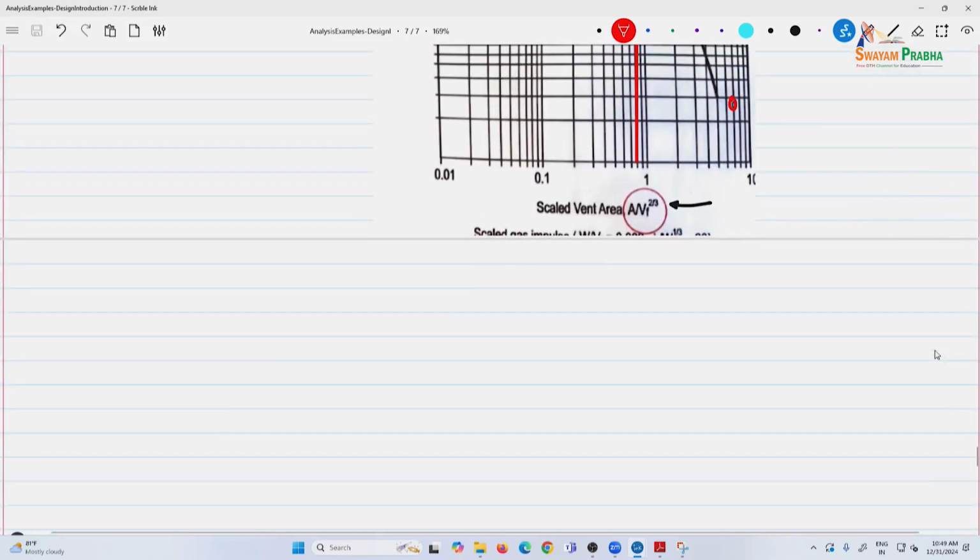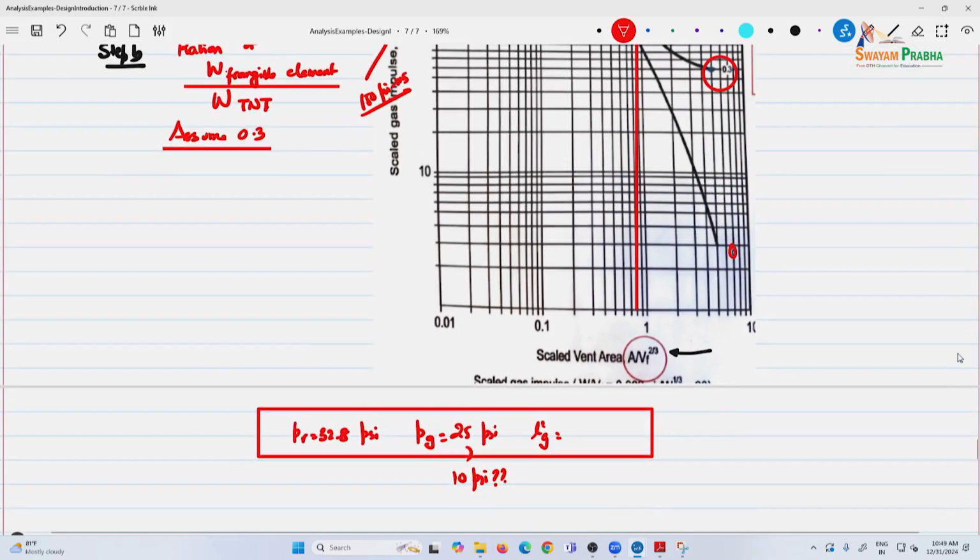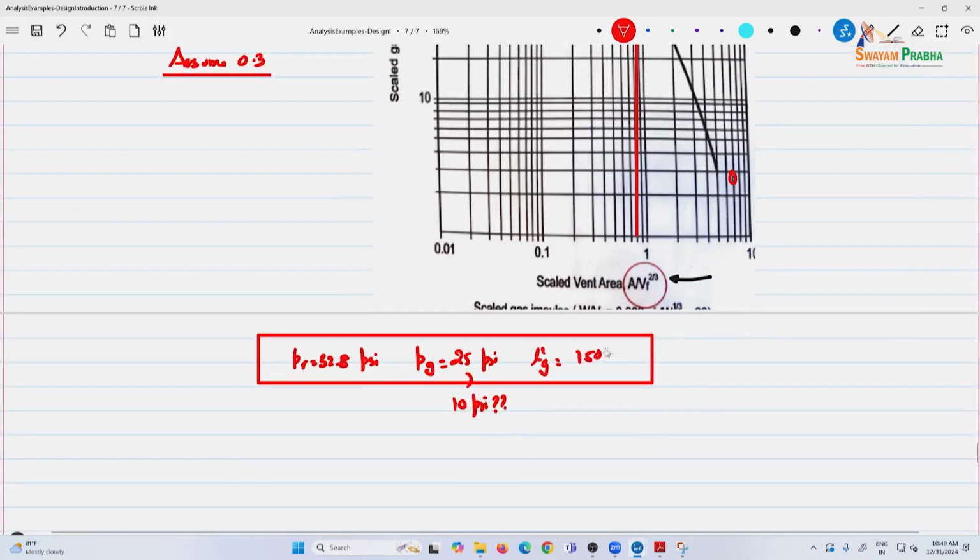So what we get is PR is 32.8 psi, PG could be 25 psi, and then your I gas is 150 psi milliseconds. So excuse me.